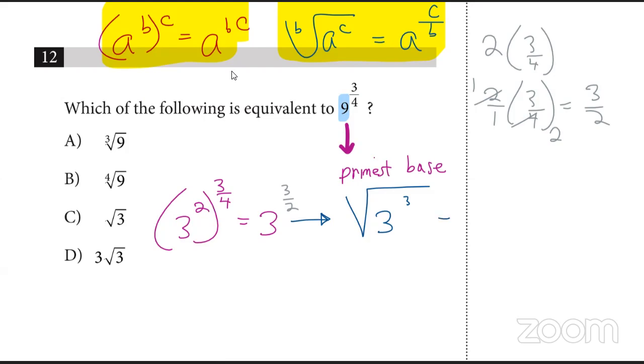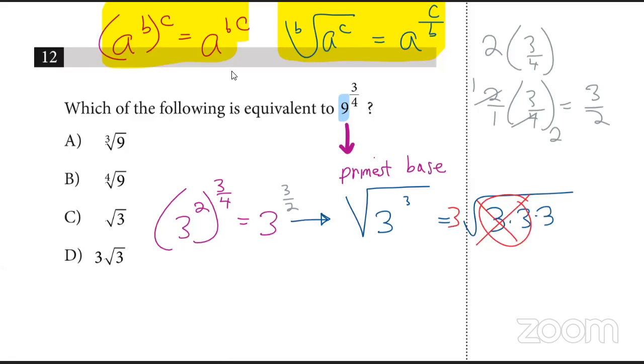Now, simplifying a square root, the idea of having the 2 right here means that any factor that multiplies by itself twice underneath comes out of the square root. So under the square root, we have 3 times 3 times 3. And we're looking for groups of 2 that we can take out and leave as a single number on the outside.